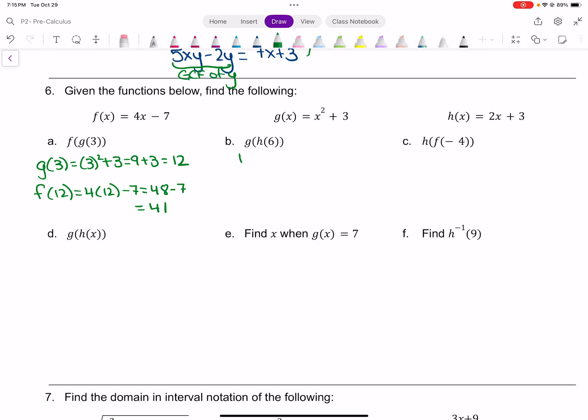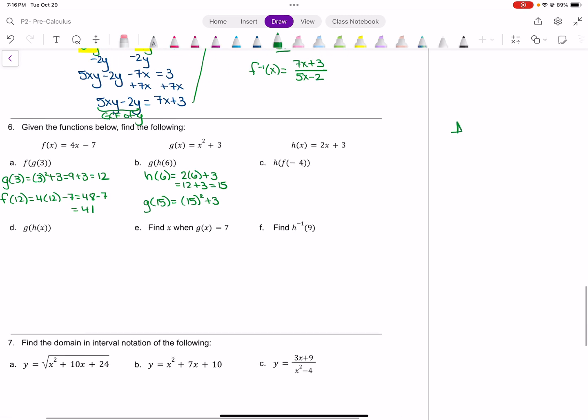For b, we're going to start with h of 6. So 2 times 6 plus 3, we're going to get 15. And then g of 15, 15 squared. You can do 15 times 15 off to the side. 5 times 5 is 25. 5 times 1 is 5, plus that 2 is 7.